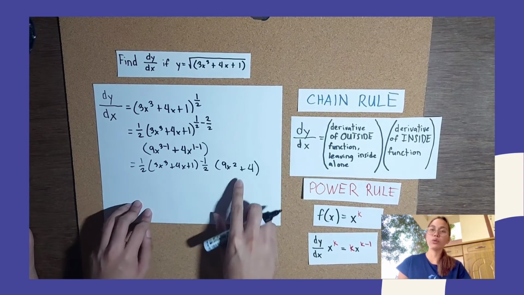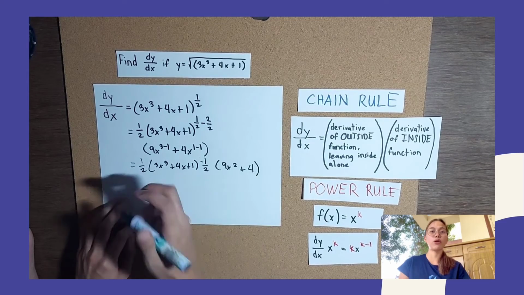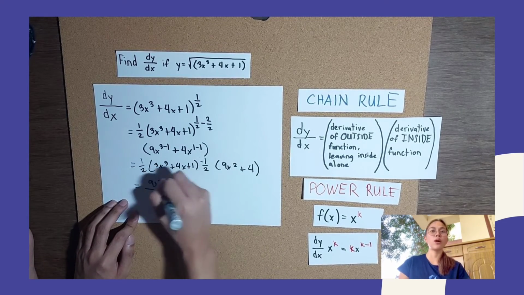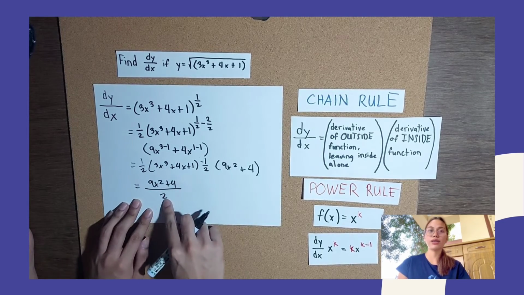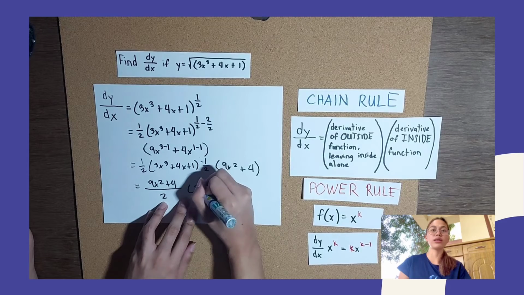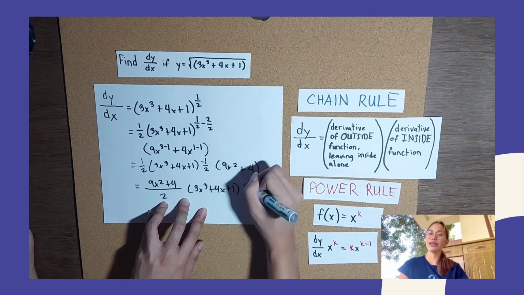In the next step, we must multiply 1/2 and 9x squared plus 4, which will give us 9x squared plus 4 over 2. We then multiply this by the inside function we left alone a while ago, which is the quantity of 3x cubed plus 4x plus 1 raised to the power of negative 1/2.